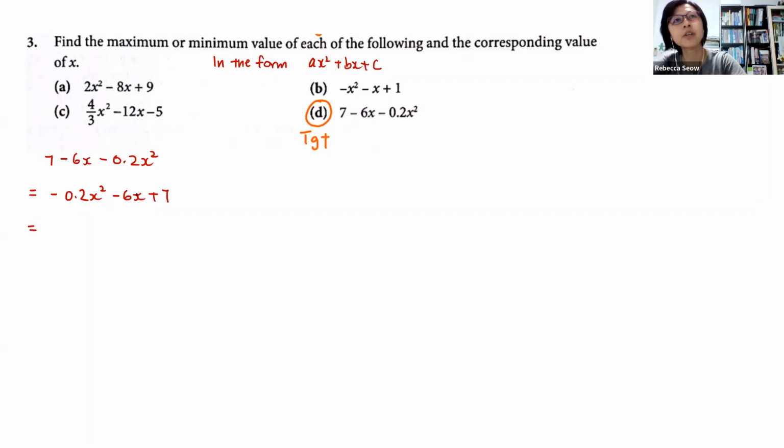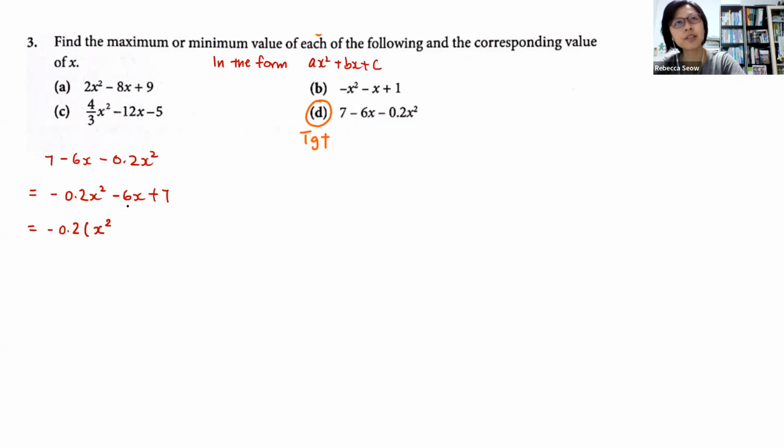Okay, now we complete the square. You realize that the coefficient of x squared is not 1. How do we make it 1? Now we have to make it 1 by factorizing 0.2 out. So when we factorize 0.2 out, what we are left with is this.